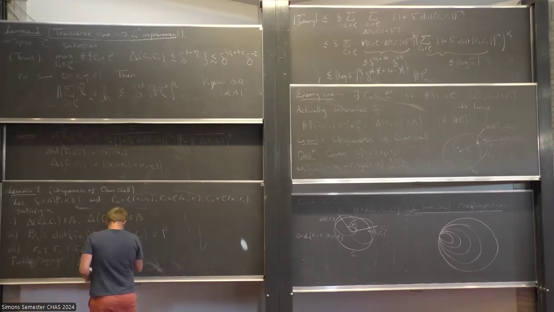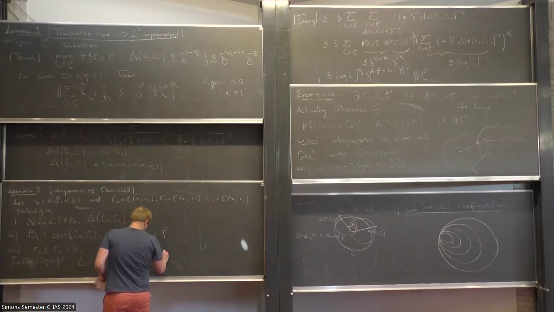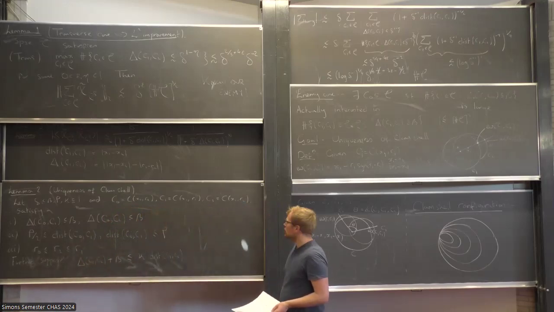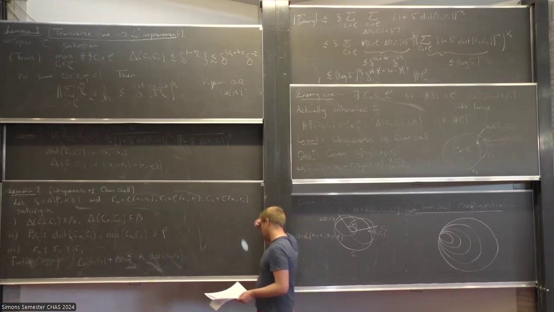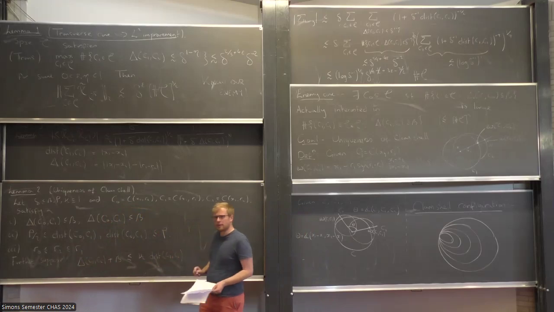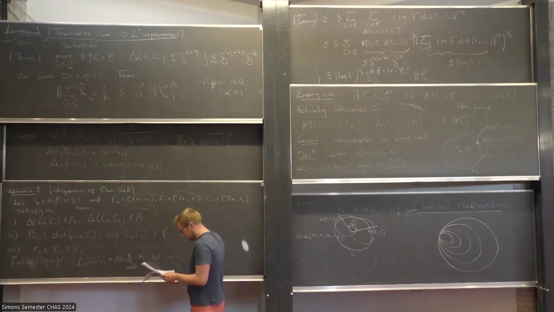So this is going to be bounded by this parameter kappa times the distance between C1 and C2. The kappa is supposed to be small. It's quite trivial to see that this delta quantity is always bounded by the distance. So the idea here is it's bounded by a small multiple of the distance.